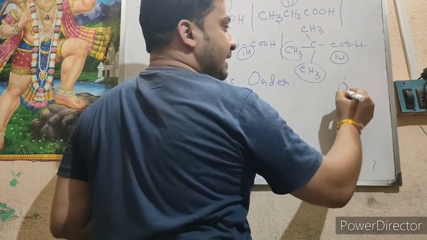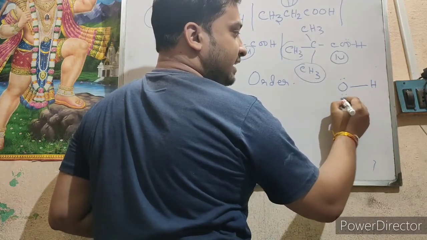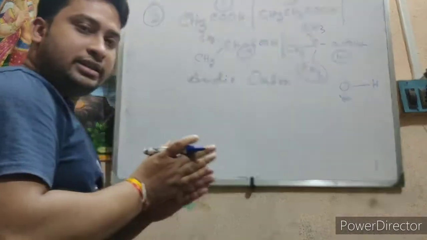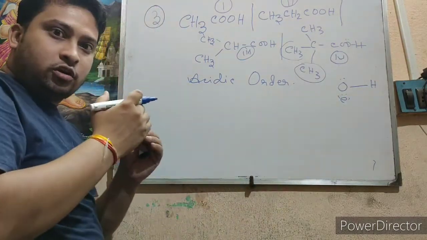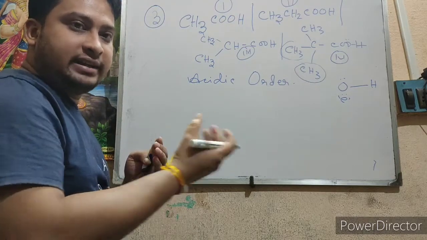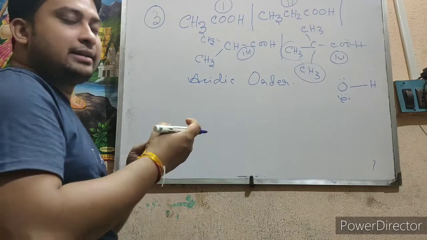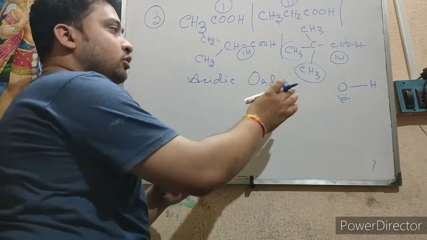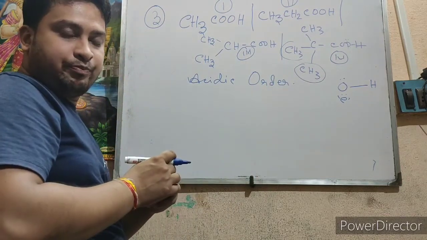As the electron density on oxygen is increasing, it is not easy to release H plus, because the electronegativity on oxygen is high, so it wants to attack the positive ion, that is H plus. It is not easy to release H plus from this compound, so it never wants to form acidic nature.